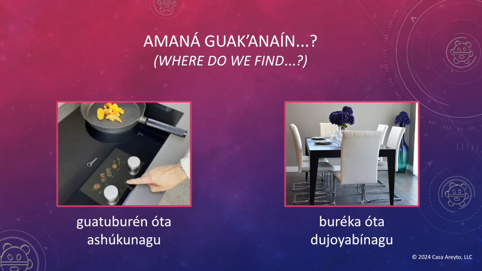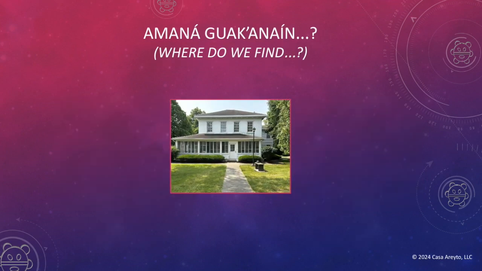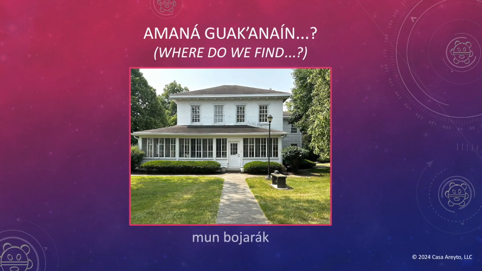Where do we find these objects? Of course, mun boharak, in the house. You see how that works? You look at the objects and you try to figure out where you usually find them. Then you use the phrase with mun to answer the question.